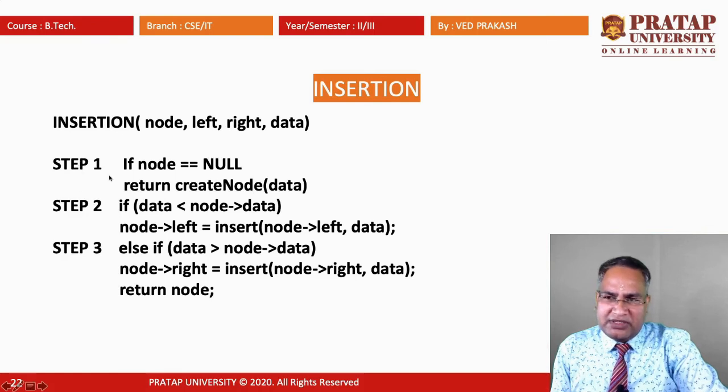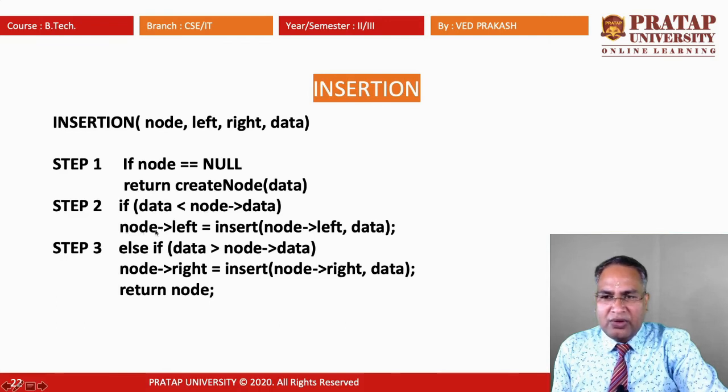In step 1, we check if the node equals null, then we have to return and create a new node with the data. In step 2, if the newly inserted data value is less than the node data, in other words the data value is less than the root value, in such a case we have to move to the left-hand side.